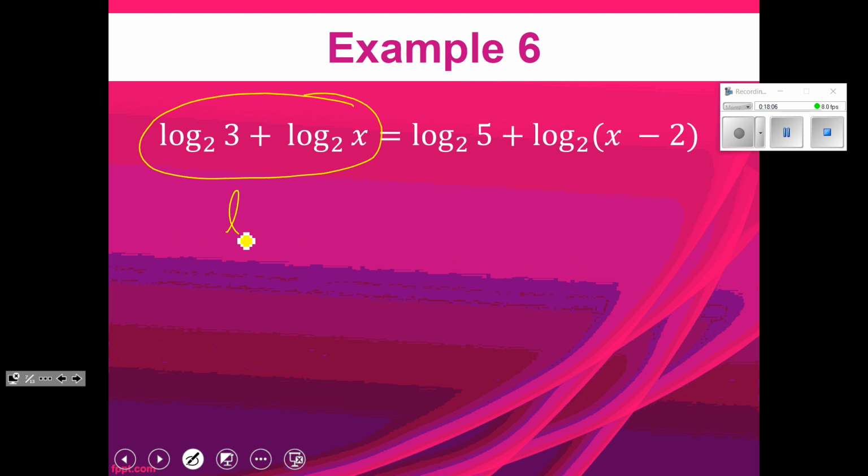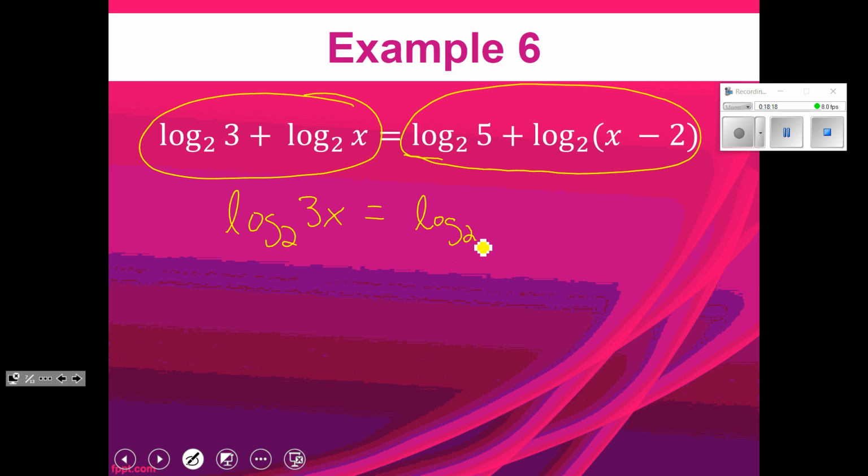This would be the log base 2 of what? 3x. Very good. Okay. How about this one? The log base 2 of, you can say 5x minus 10, or you could do 5 times x minus 2 and then distribute. Okay? Now, based on what we learned last week, what do we know?